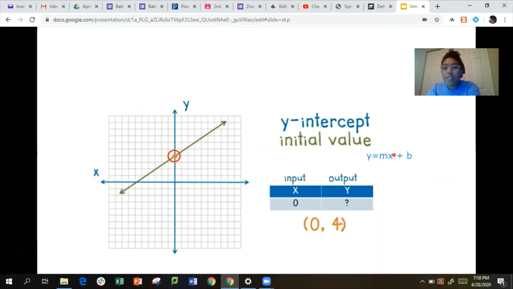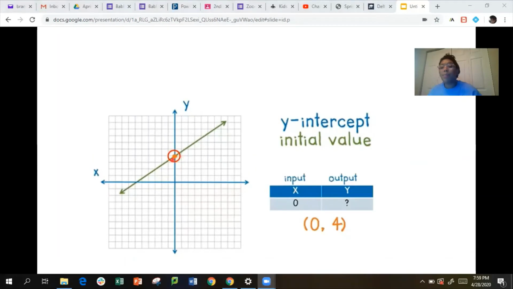Now, before we go into that any further, let's look at this graph here. When we have a line graph and we're looking for the slope-intercept form, we first have to look at the y-intercept. What is the value of the y-intercept? How do we find that?